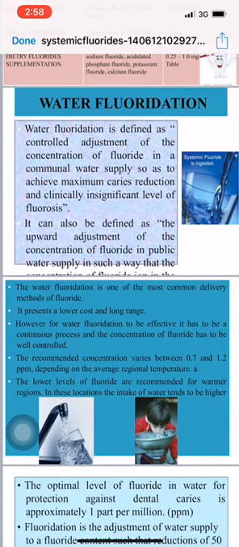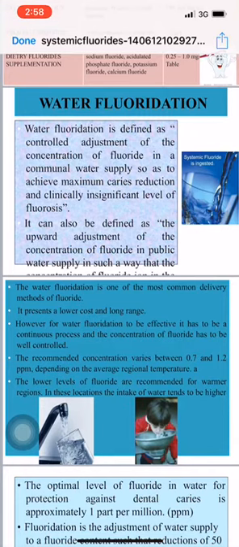However, for water fluoridation to be effective, it has to be a continuous process, and the concentration of fluoride has to be well controlled. The recommended concentration varies between 0.7 and 1.2 parts per million, depending on the average regional temperature. The lower levels of fluoride are recommended for warmer regions, المناطق الحارة.